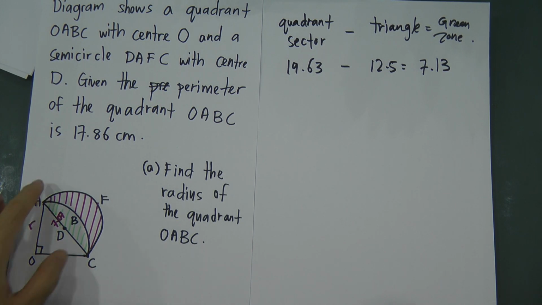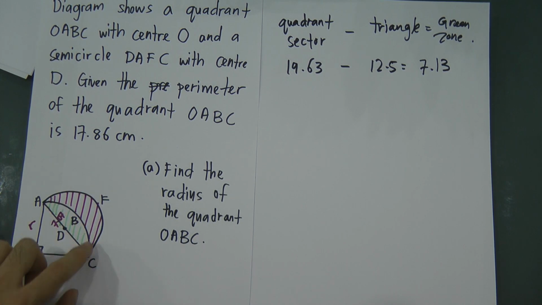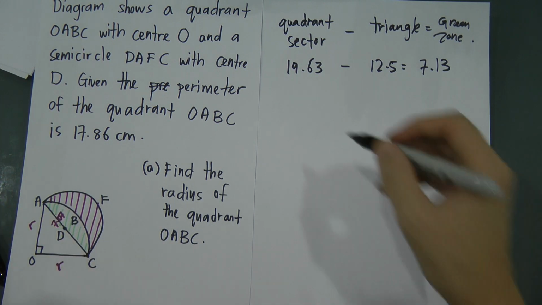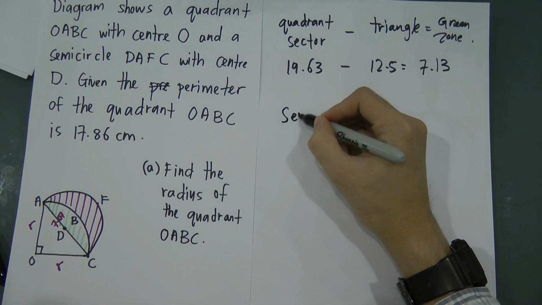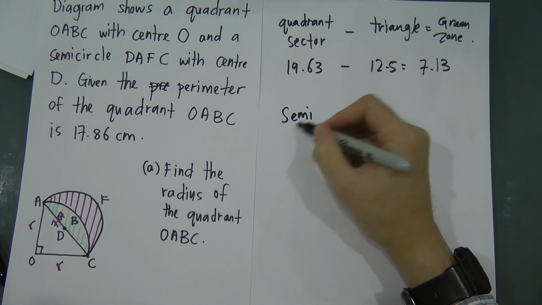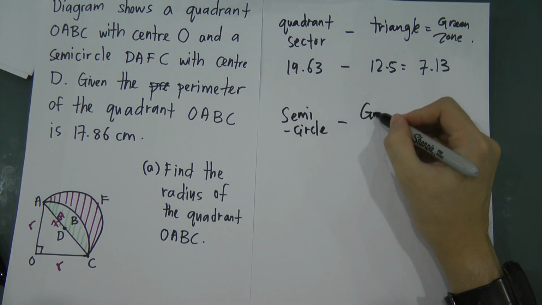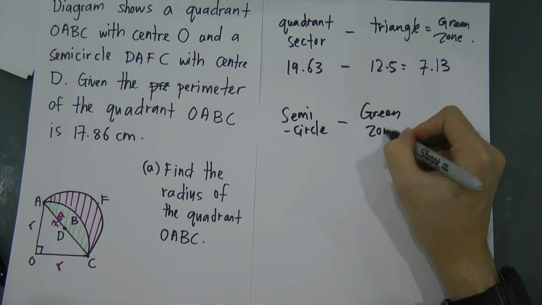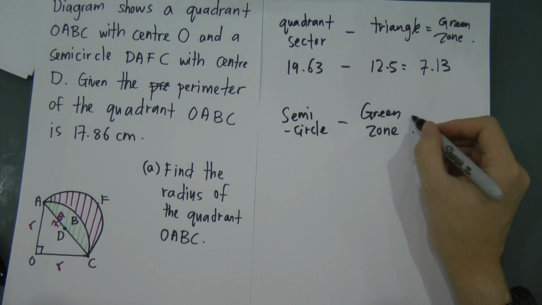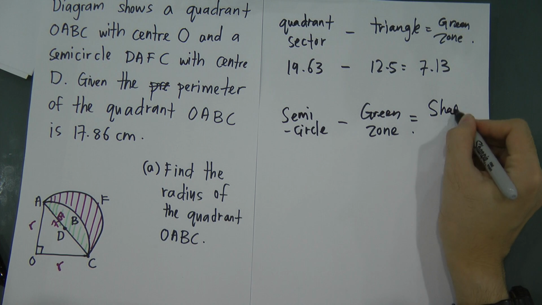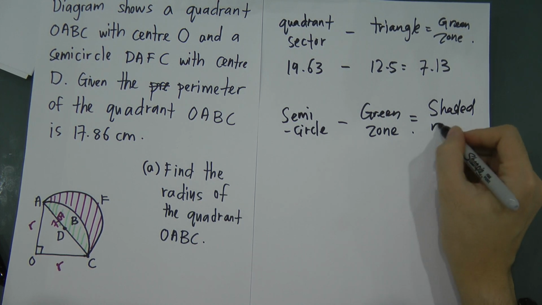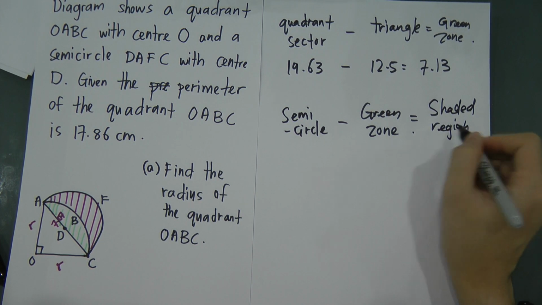Alright, after that you want to find the shaded region, which is the pink color one. We use the semicircle minus the green zone, then we can get the shaded region, the pink color zone.